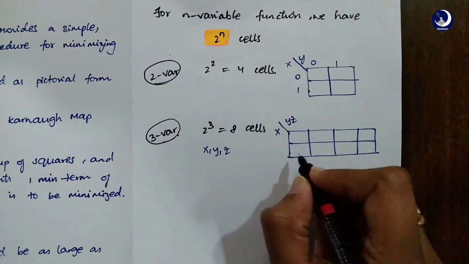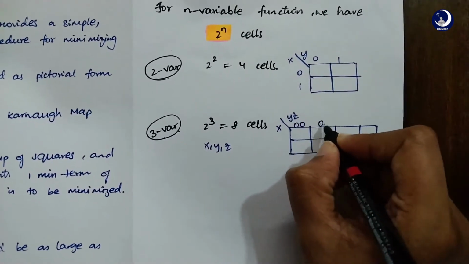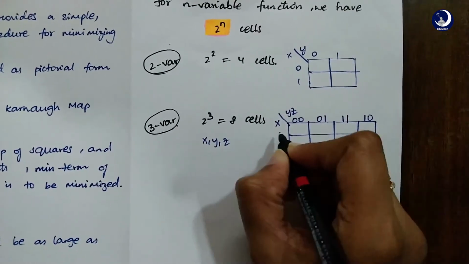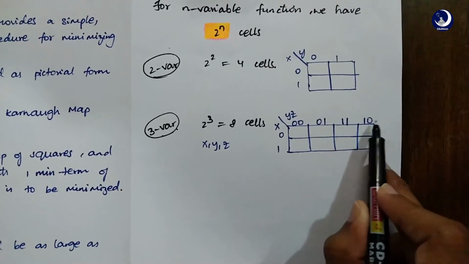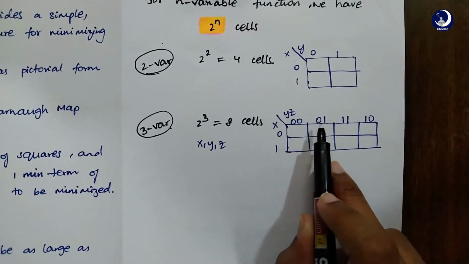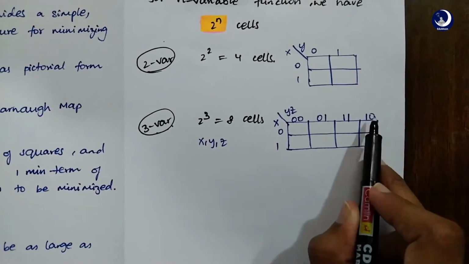Now, how do we assign values for each and every cell? So, this will be 0, 0, then 0, 1. This will be 1, 1 and this will be 1, 0, and this is 0 and 1. You can clearly see that I have interchanged these two values. Generally, the binary digits would be 0, 0, 0, 1, 1, 0 and 1, 1. But I have interchanged these two values.